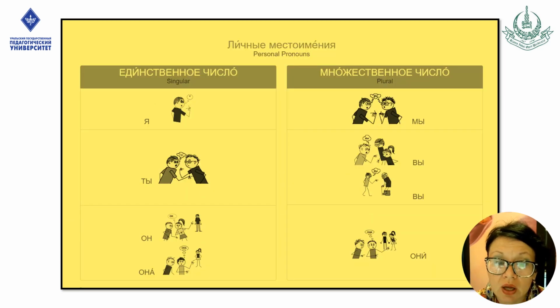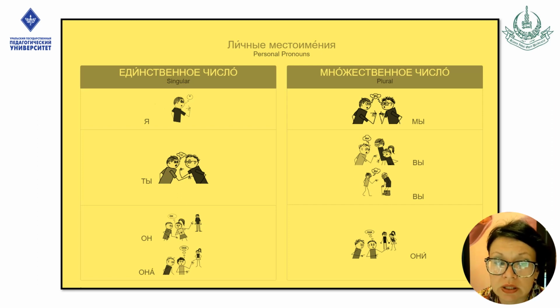So then, personal pronouns. We have singular personal pronouns and plural personal pronouns. Singular, that's я, I, me. And мы, plural, мы. Can you guess the meaning of this pronoun? Мы, it's we in English, right? So я, мы.